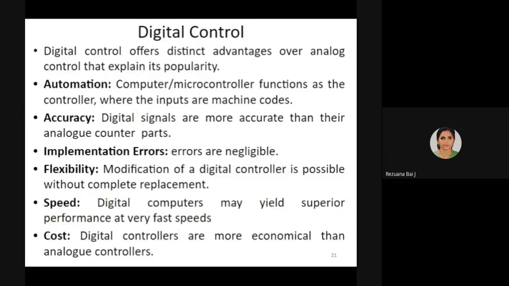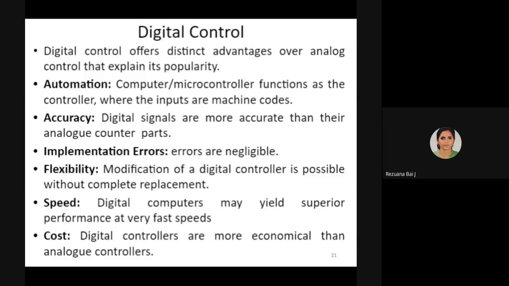But the processing of analog signals is performed using components such as resistors and capacitors, where the manufacturer usually gives a tolerance of plus or minus 1% or 5% or so.